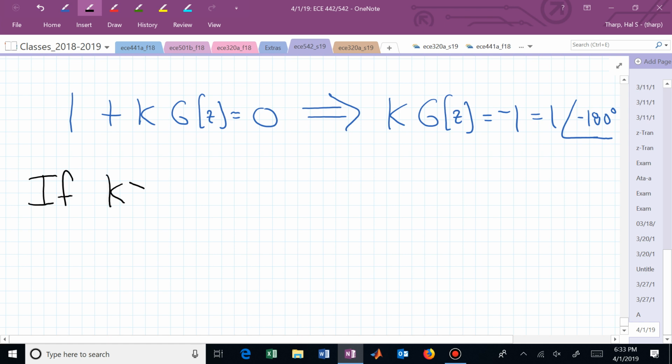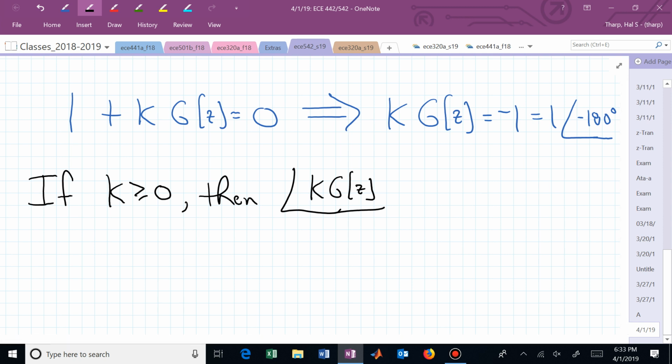Meaning, if k is greater than or equal to 0, we're not going to change the angle of k g of z. If k is greater than or equal to 0, then the angle of k g of z, that's just the angle on the left, has to equal the angle on the right. And what's the angle on the right? Minus 180. We're not changing it if k is positive or non-negative.